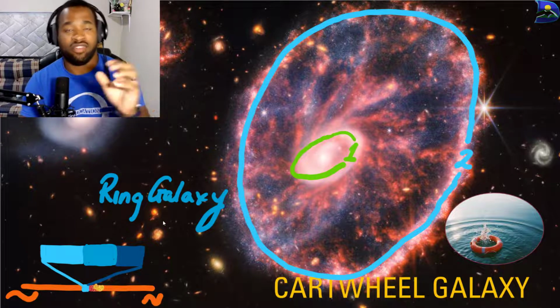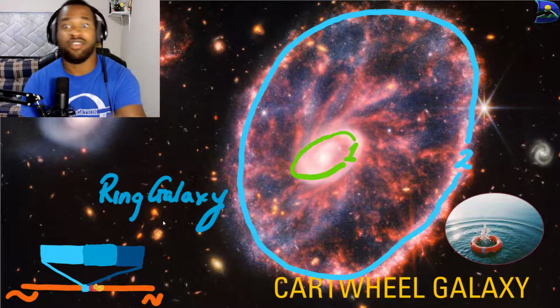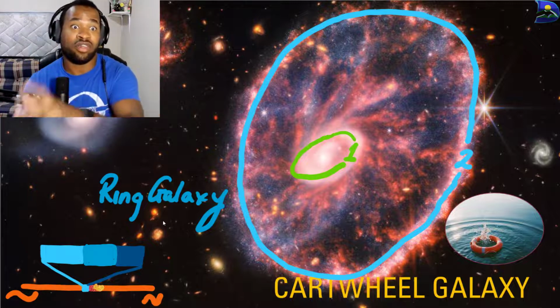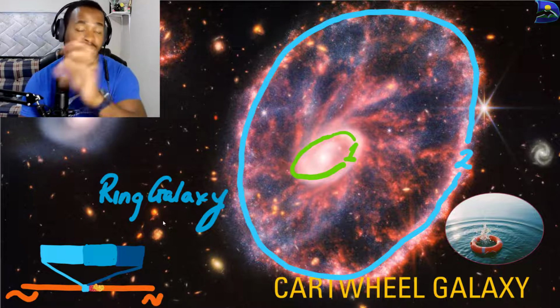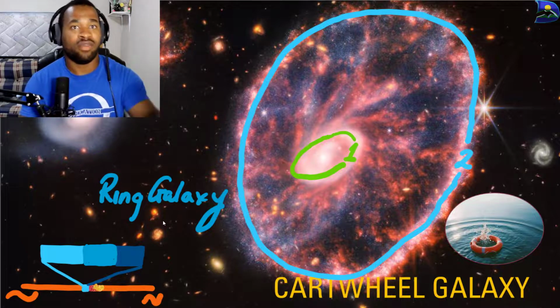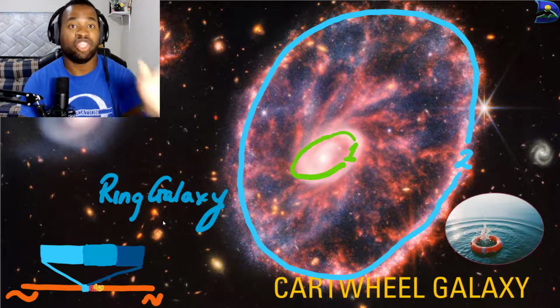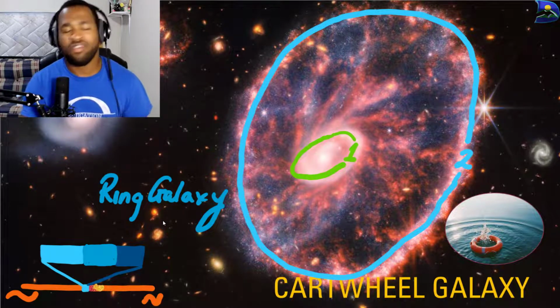Is it because it's just an individual galaxy, or is it because other galaxies interact with each other, forming new types of galaxies that do not, in terms of the structure, agree with the three general galaxy categories? So it's going to be interesting to see the thought process behind that.